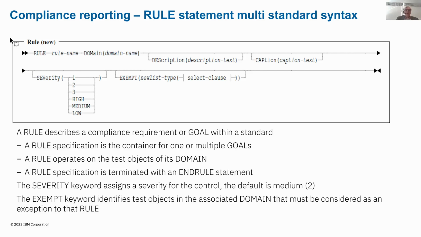We chose 3 because that's what zSecure also does. There are now some other standards coming up that want to distinguish 4 severities. But for now, we'll keep it at 3. The 4th level would be critical, it's above high. But for the moment, we keep it at the 3 levels.